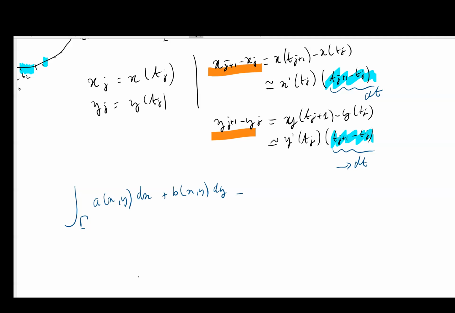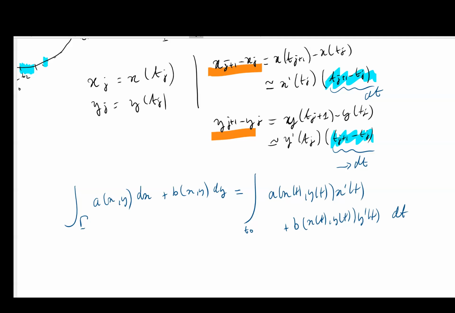You can actually now describe it as a of x of t, y of t times x prime of t times dt, and then I can factor the dt, plus b of x of t, y of t times y prime of t, and the two of them are going to be a factor of dt. And the good thing is that now I can give some precise bounds to my integral.